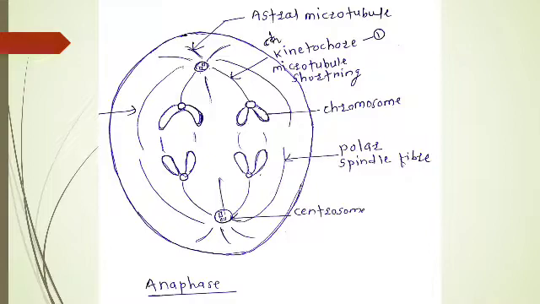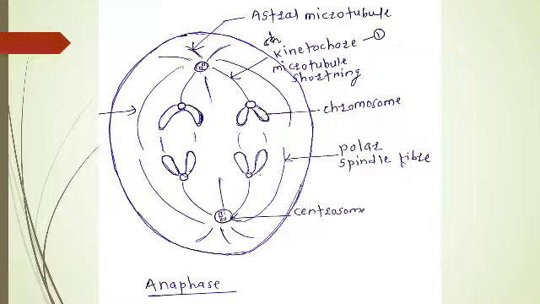On the top side, you can see in the figure, first one is the astral microtubules, also called astral spindle fibers. These are very small ones. Number two, kinetochore spindle fibers, also called kinetochore microtubules.